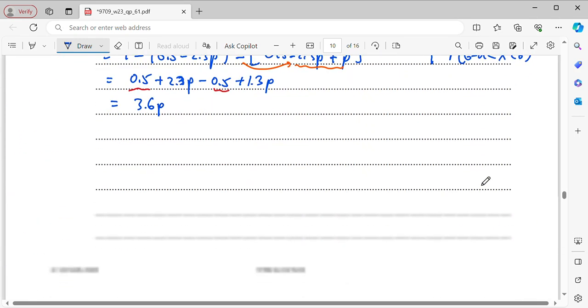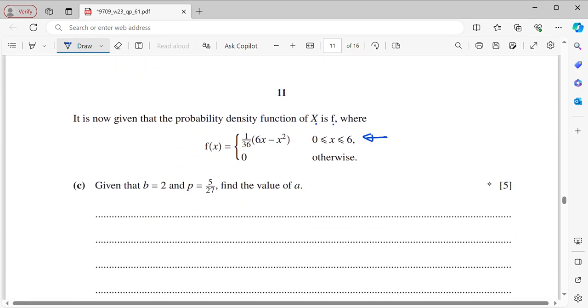So now from the first part, probability that x between a and b is p. That means now I will get probability of x between a and 2 is 5 over 27.